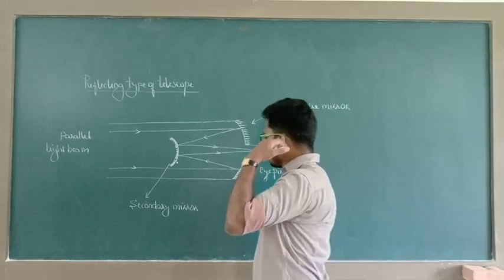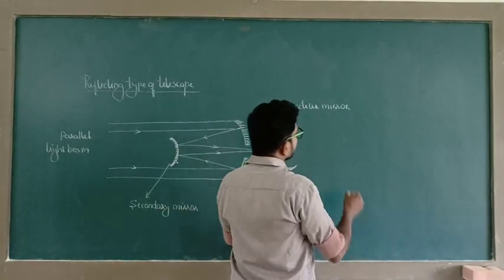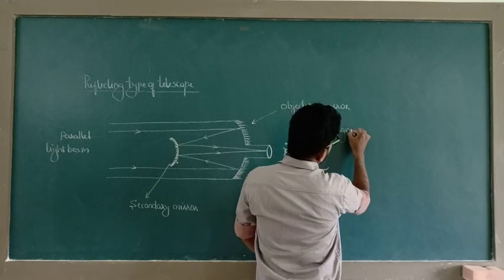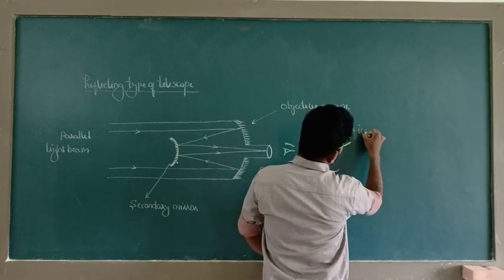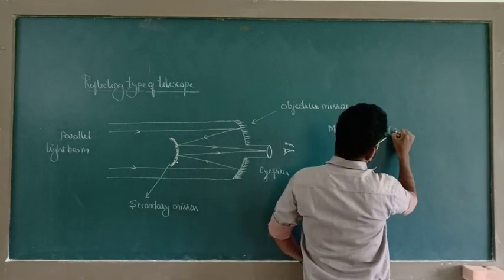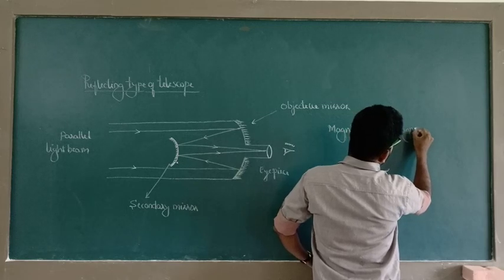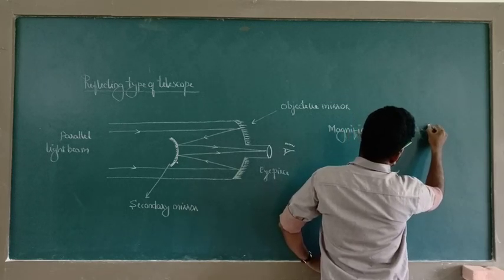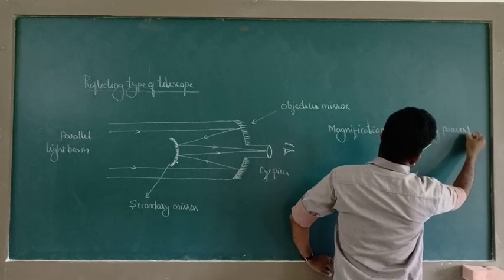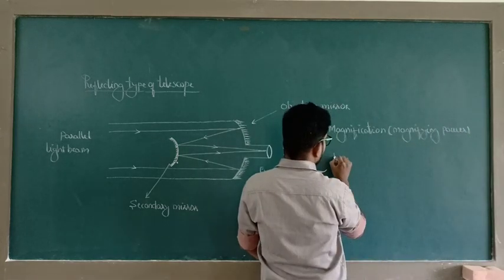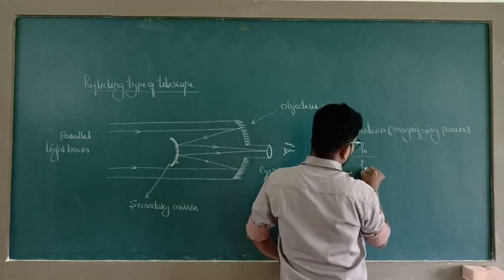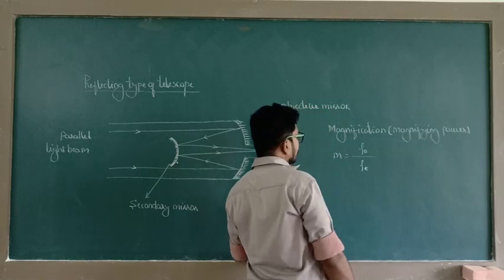Then magnification, or magnifying power. M is equal to the focal length of the objective divided by the focal length of the eyepiece.